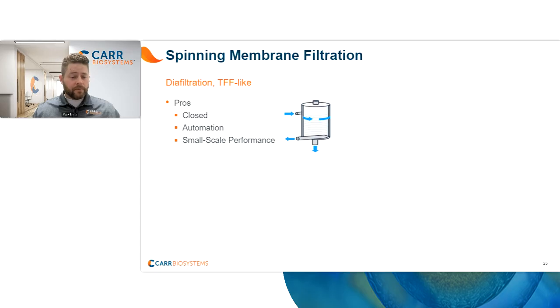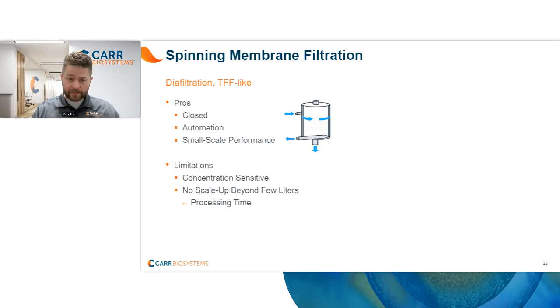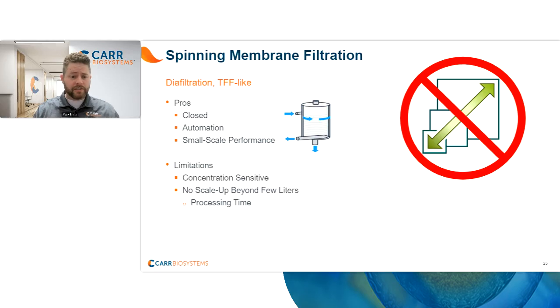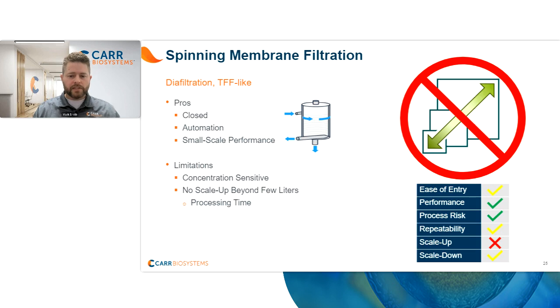And from some end users that we've worked with, one of the things that we've heard is that this can be concentration sensitive. As you get to high concentrations, as is typical, you may be fouling the filter and reducing the performance. The other challenge today is that there's really no scale-up option here. And so if you're getting above a few liters of process volume, then this is probably not a tangible solution for scale-up. So while across the board it does well, it's not going to do so well if you need to scale up your process today.